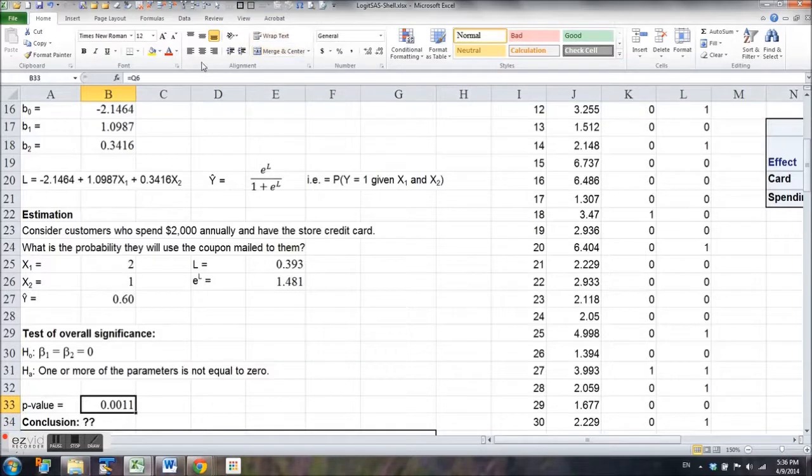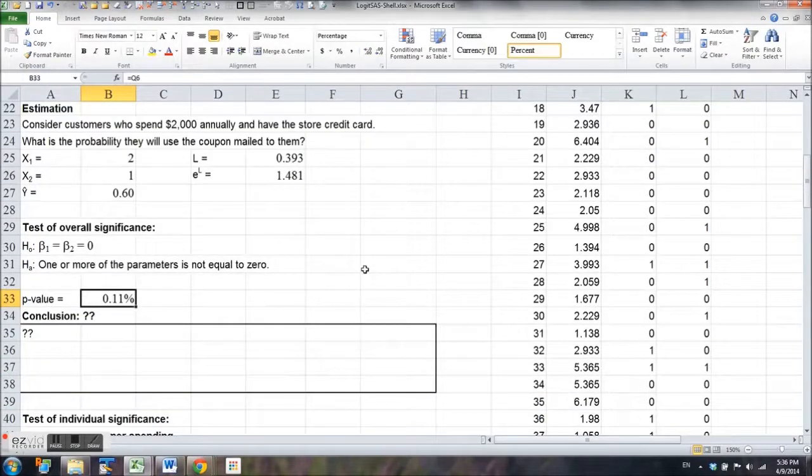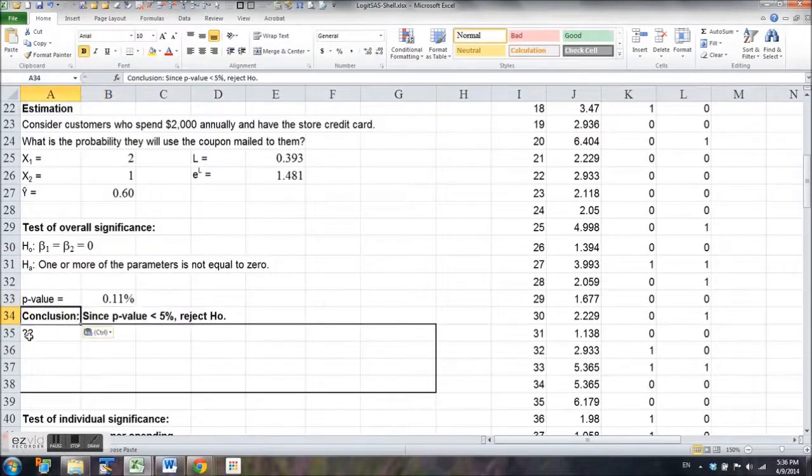So now since the p-value is less than 5%, we will reject the null hypothesis, and therefore the overall significance is confirmed. Next, we need to provide an interpretation. Here it follows the same pattern like before, so we have sufficient sample evidence to show that the logistic regression is significant.